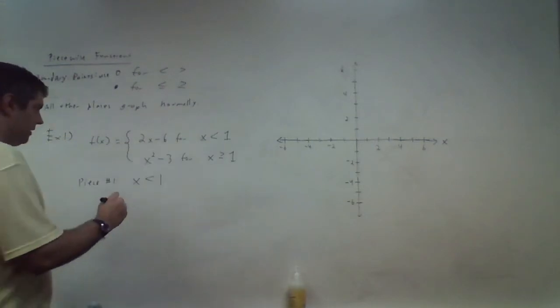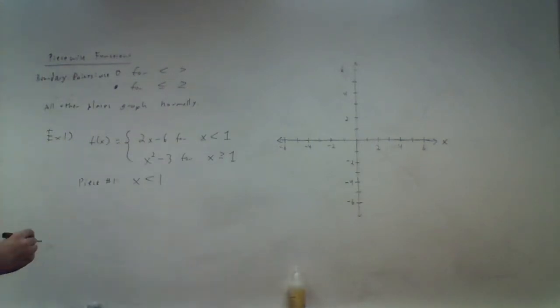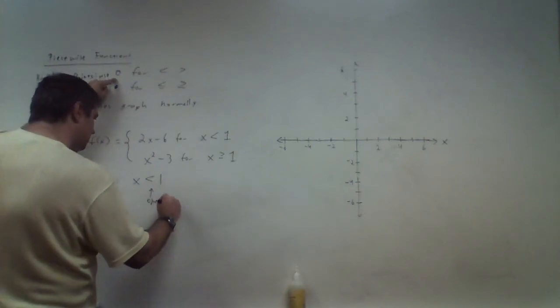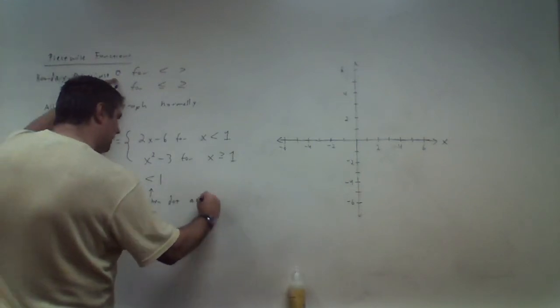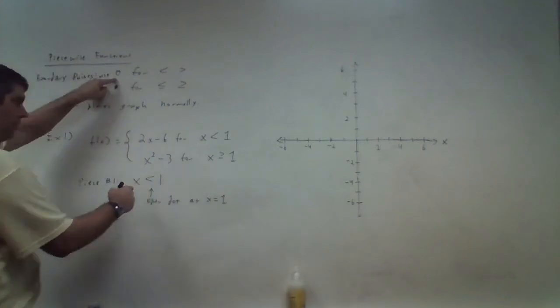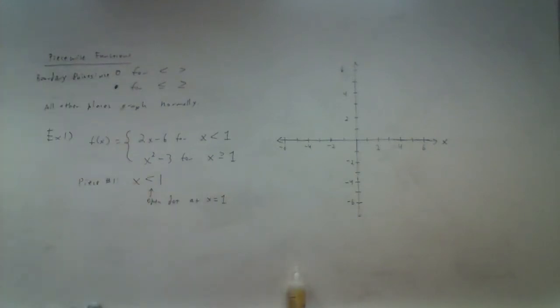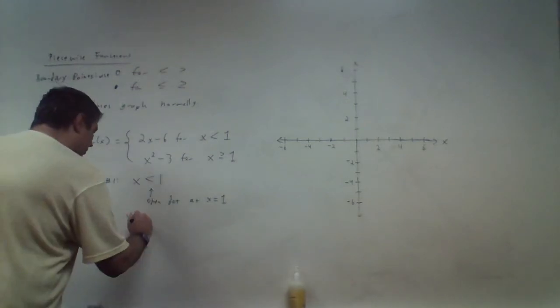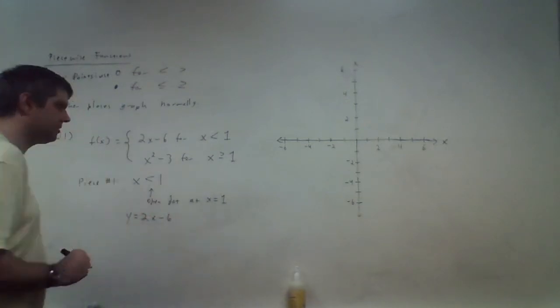Okay? We use open dots at strict inequality signs. Okay? And otherwise we graph normally. Okay? y equals 2x minus 6.